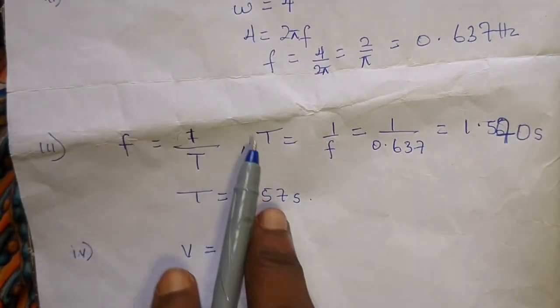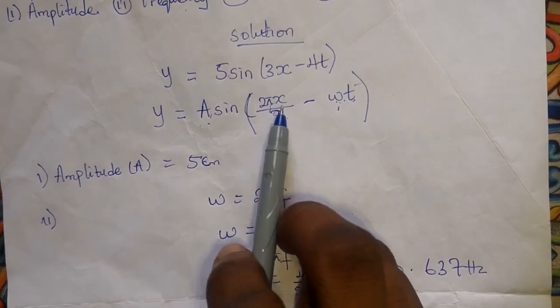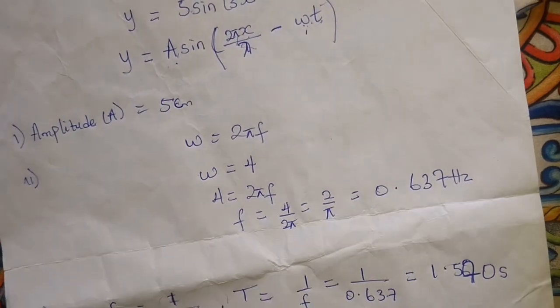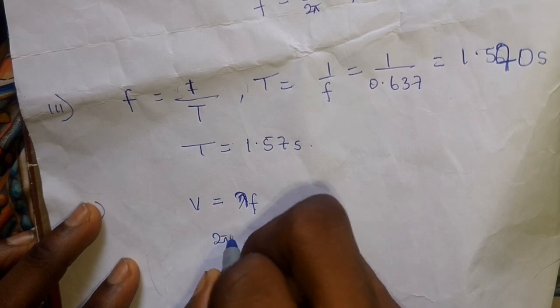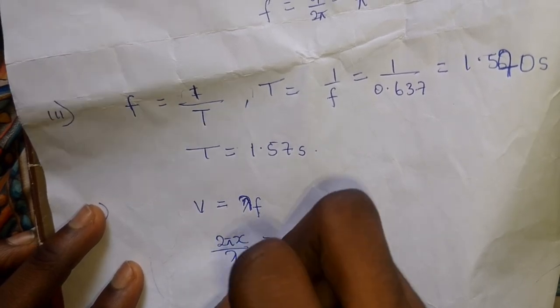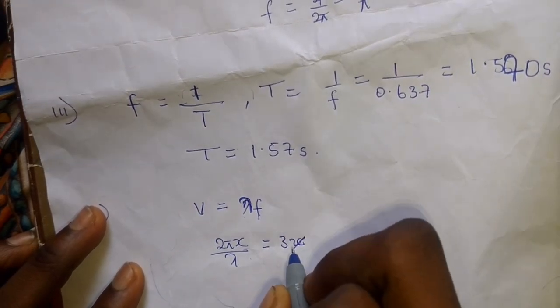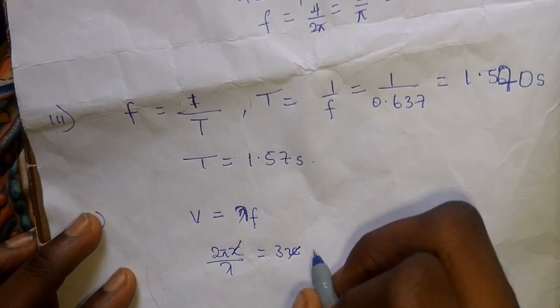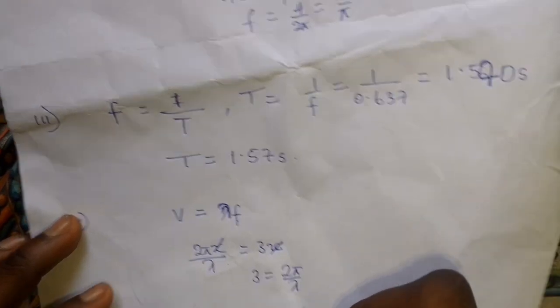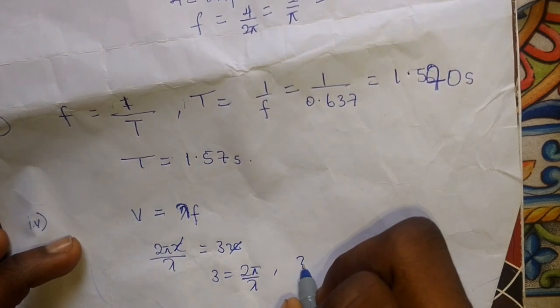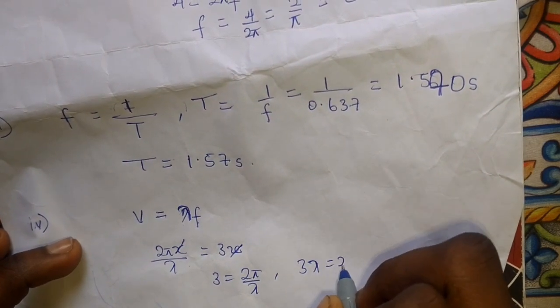So if you compare the equations over here, 2 pi x over lambda is equal to 3x. Let's write it. 2 pi x over lambda is equal to 3x. So x cancels x, then we are left with 3 is equal to 2 pi over lambda, then 3 lambda is equal to 2 pi.